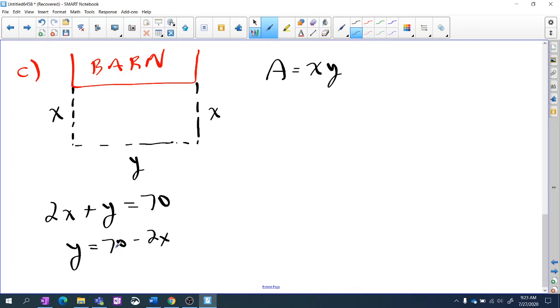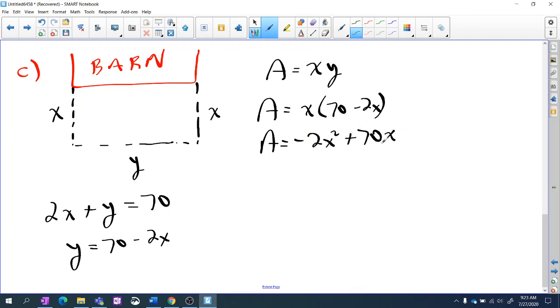So that's the only thing that's going to be different. Rather than the 35 minus x like we got last time, we're going to get 70 minus 2x because there wasn't the second y. It's not two y's, it's only one length of y fence. So my new function will be x times (70 take away 2x). So I get negative 2x squared plus 70x.